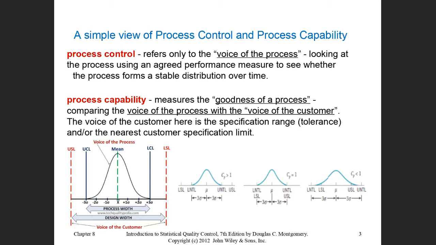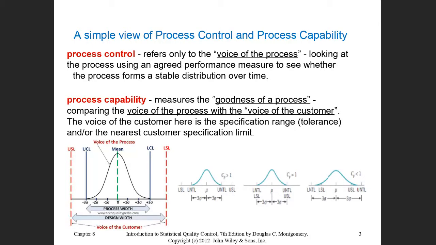We demonstrate here the difference between them. The difference between the control chart and the process capability, first, is even in the way they are presented. The process control or the control chart looks at the process data over time, and checks the voice of the process.